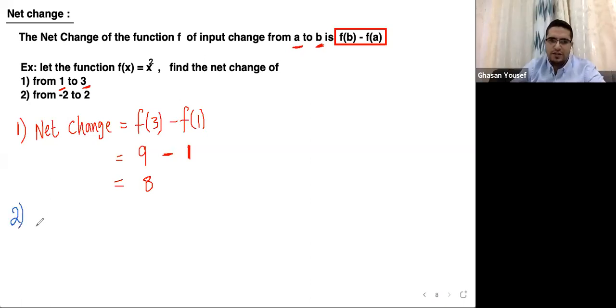Now for the second one, who will do the net change from -2 to 2? Who will do the net change?